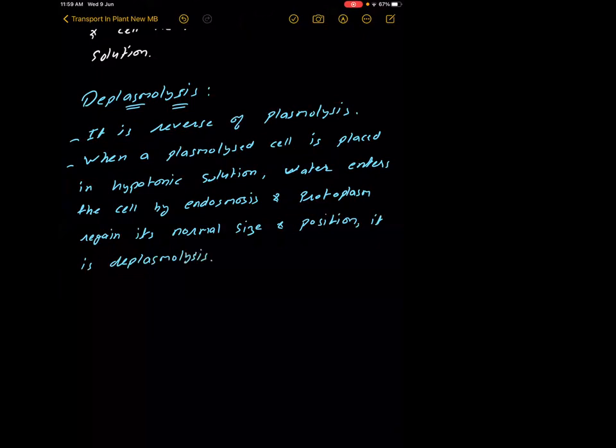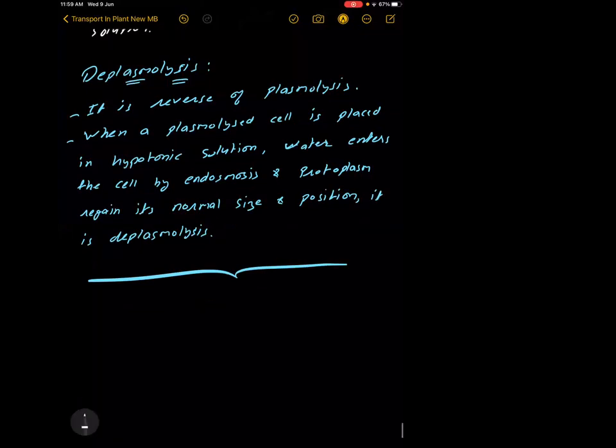Okay. Next is water absorption process. Okay, water absorption.